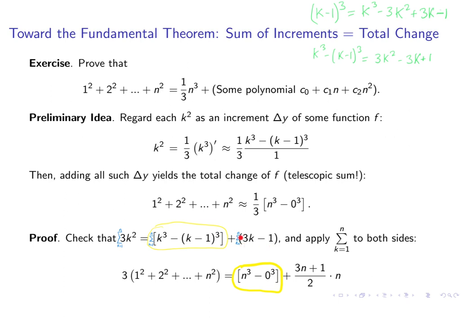Now, as to the other term, as k runs from 1 to n, the terms 3k minus 1 form a linear progression. And we know how to add terms of a linear progression. It is the average of the first term and the last term multiplied by n. Now we simplify the numerator in this expression and we get a quadratic polynomial. This completes the proof.